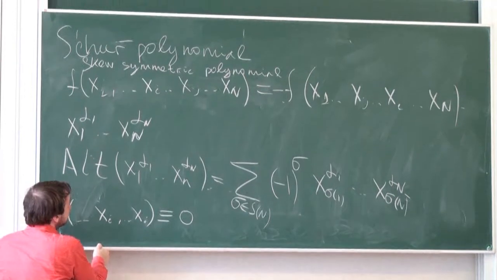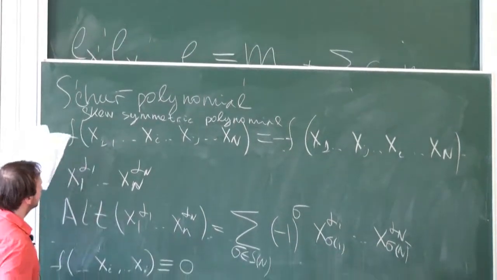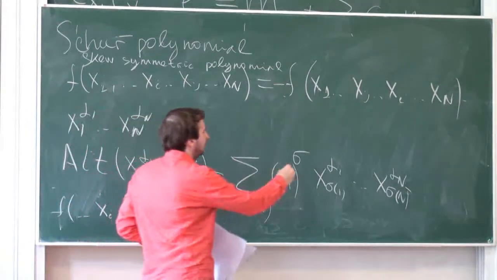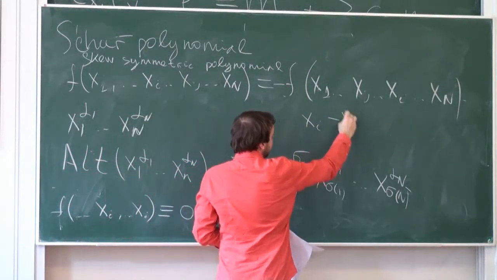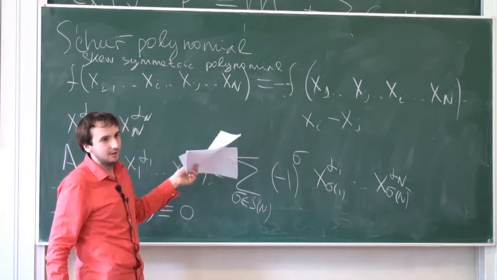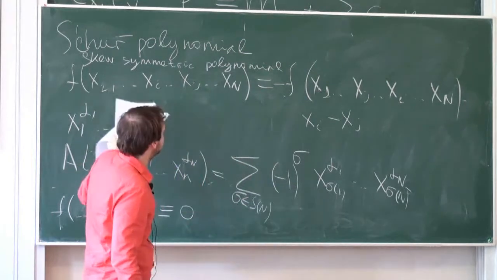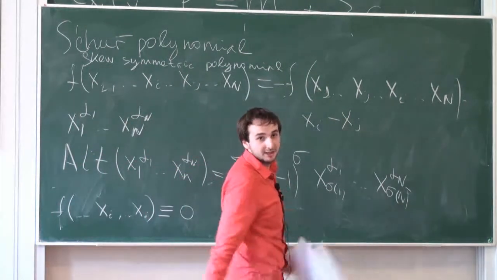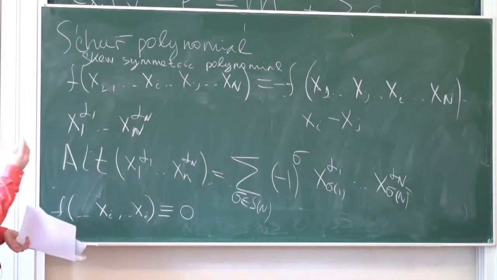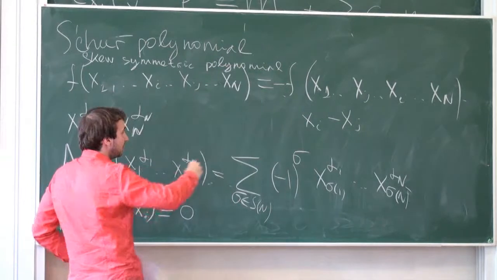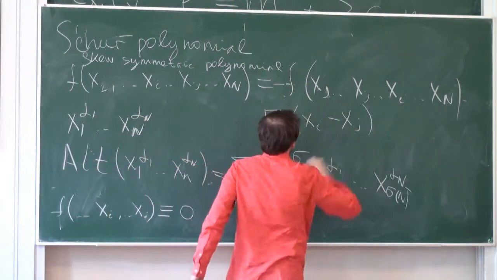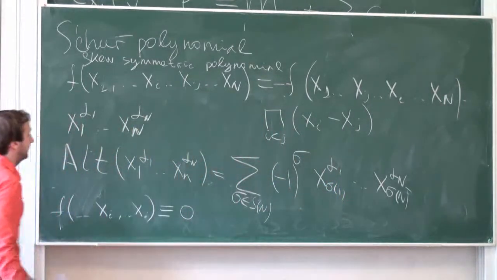If you think about it, you understand that any skew-symmetric polynomial is divisible by xi minus xj, because when xi is equal to xj it's 0, and then Bézout's theorem says that it's divisible by xi minus xj. But this is also true for any pair i and j, which means that any skew-symmetric polynomial can be divided by the product of all xi minus xj over i less than j.